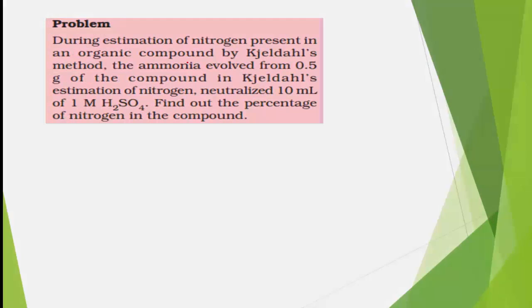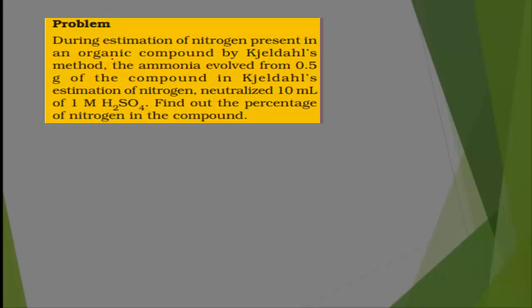Okay, let's see the next question. During estimation of nitrogen present in an organic compound by Kjeldahl's method, the ammonia evolved from 0.5 gram of compound neutralized 10 ml of 1M H2SO4. Find out the percentage of nitrogen in the compound.